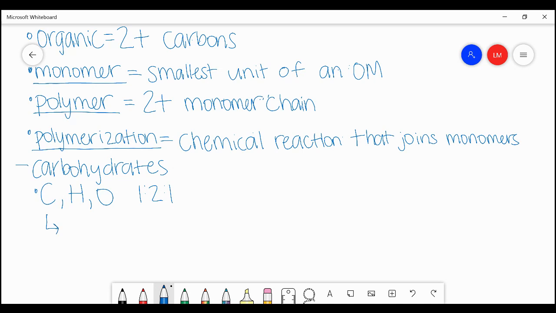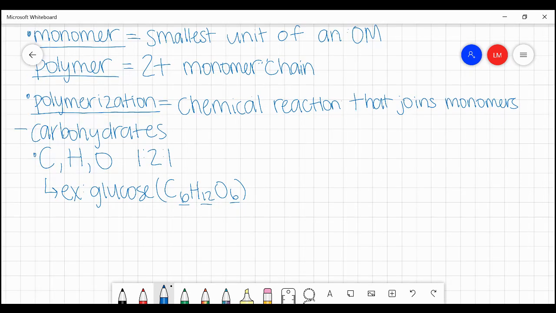An example of a carbohydrate is glucose. Glucose has the chemical formula C6H12O6. So we can see here we have that 1:2:1 ratio. All carbohydrates will be in that form.